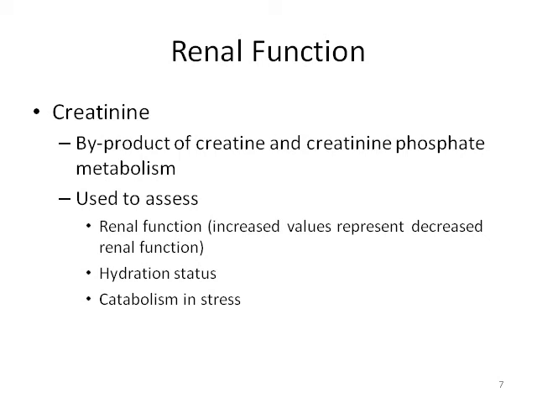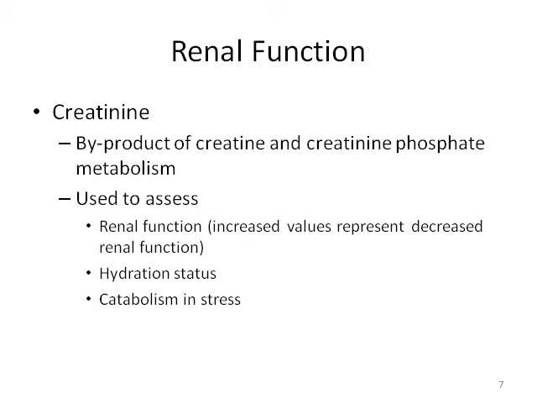Another indirect measurement of renal function is to measure blood creatinine. Creatinine is a byproduct of creatine and creatinine phosphate metabolism that occurs primarily in the muscle. And the idea is normally the creatinine is going to be excreted by the kidneys.